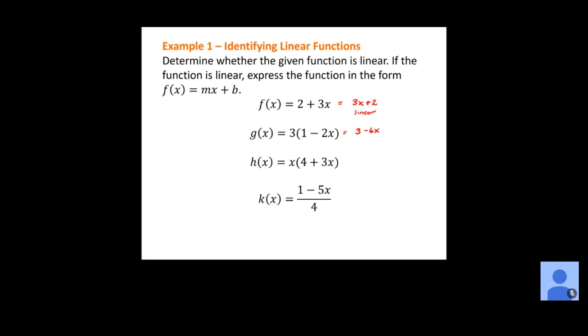Yeah. Again, just switch the order of the terms here. Make sure the negative stays with the 6. So that's a negative 6x and a positive 3. And so again, that's in that mx plus b form. Therefore, we would say this one is also linear. Any questions on that one?